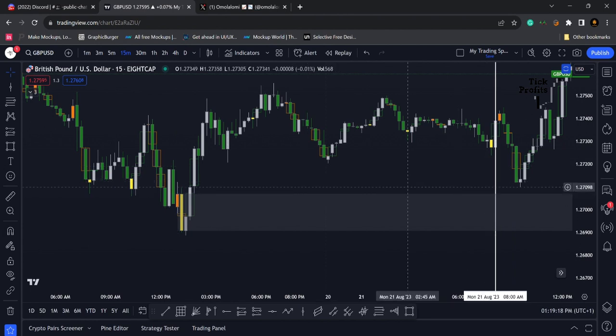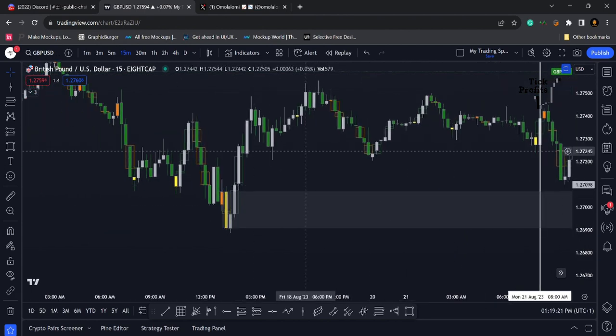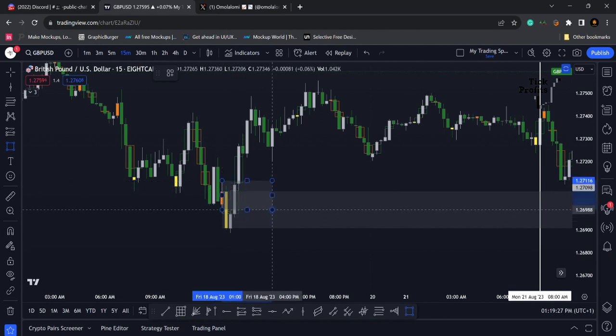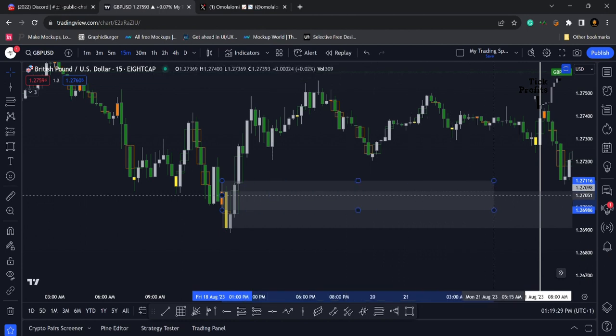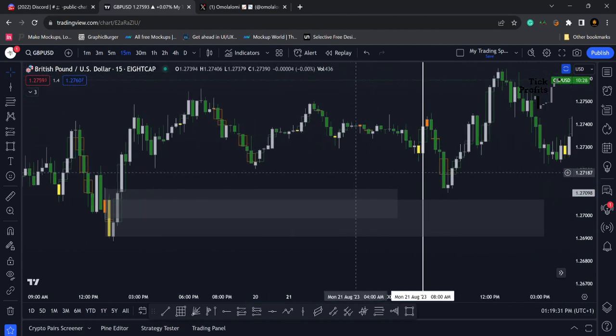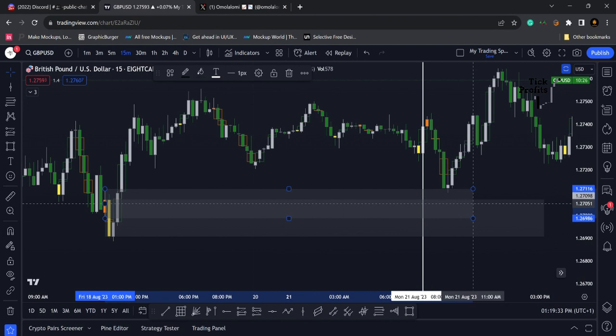So we can see this order block. We also saw a breaker block, that's the orange candle. So we have to drag it to the future.